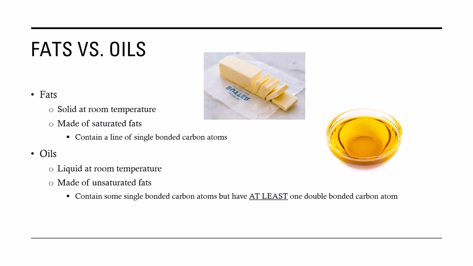In contrast, oils are typically liquid at room temperature, and they're made primarily of unsaturated fats, which contain some single bonded carbon atoms, but contain at least one double bonded carbon atom, which makes them more flexible and contributes to their liquid or unsaturated existence.